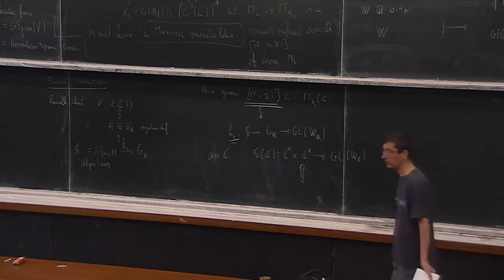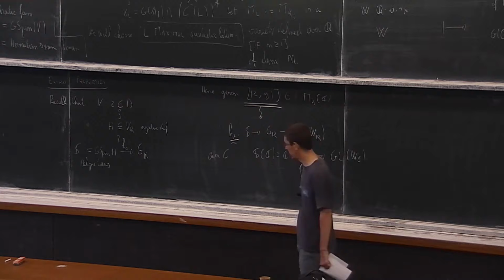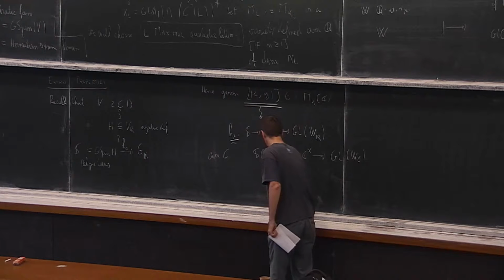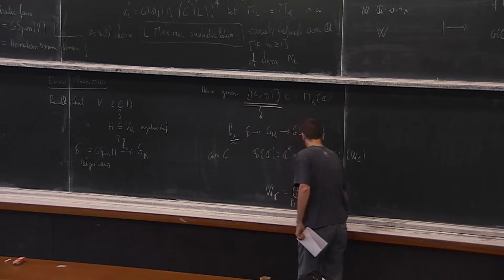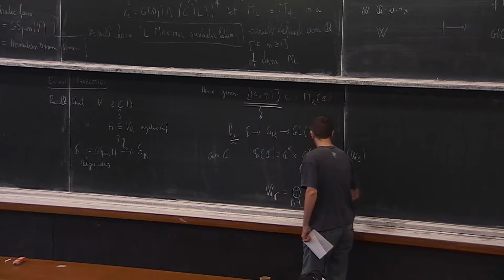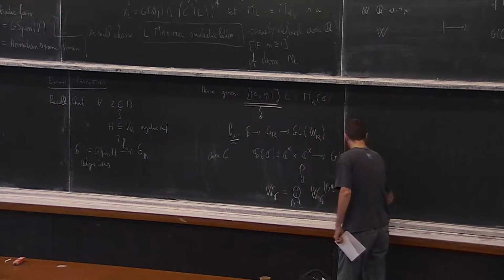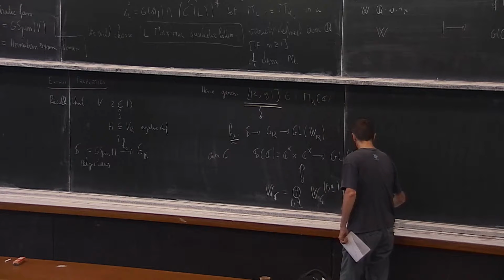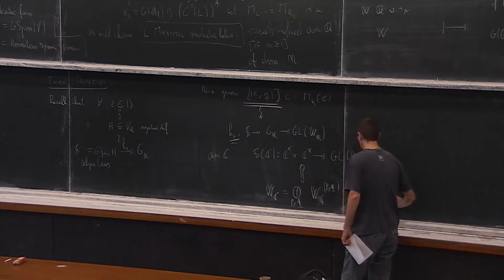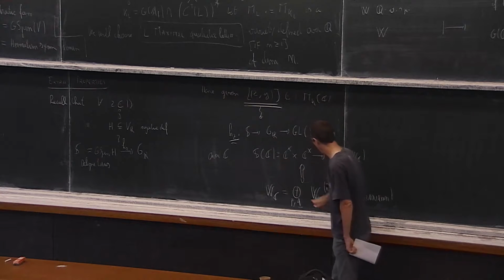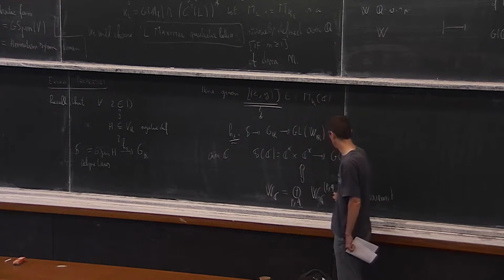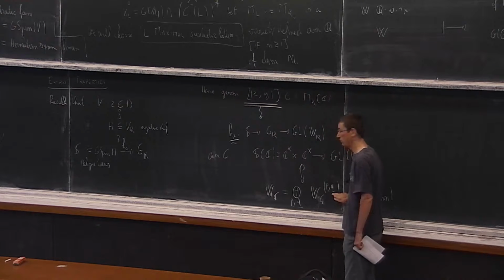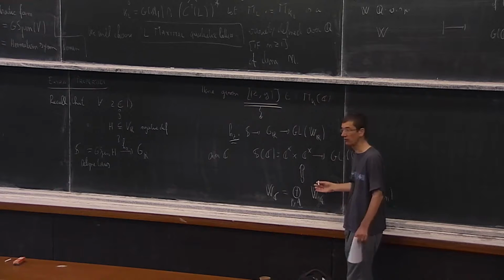It's simply equivalent to give a bigraduation on W_C, right? Demanding, for example, the first variable acts as z to the minus p, and the second variable acts as w to the minus q, for example, or any convention you want.